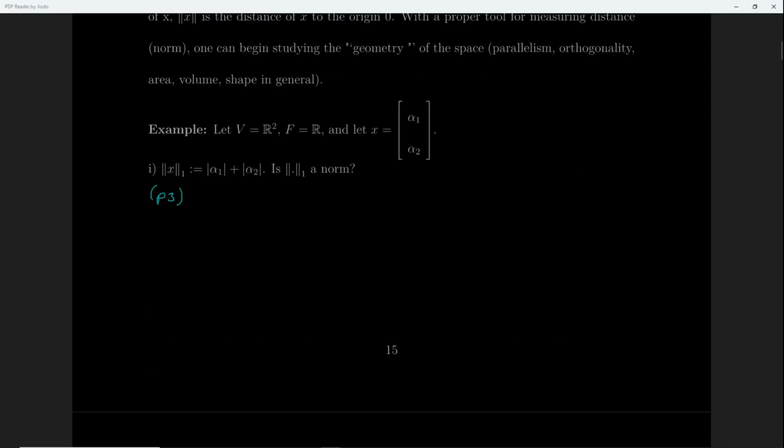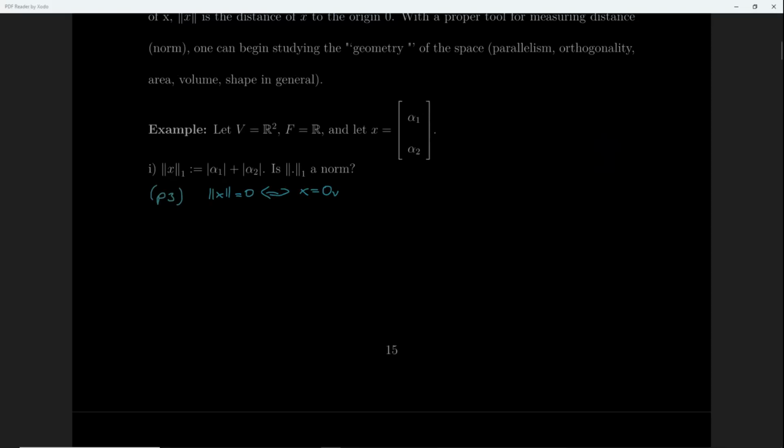And P3 states that if norm x is equal to 0, then that is satisfied if and only if x is equal to 0. Okay. So notice that I wrote down this two-direction arrow there.